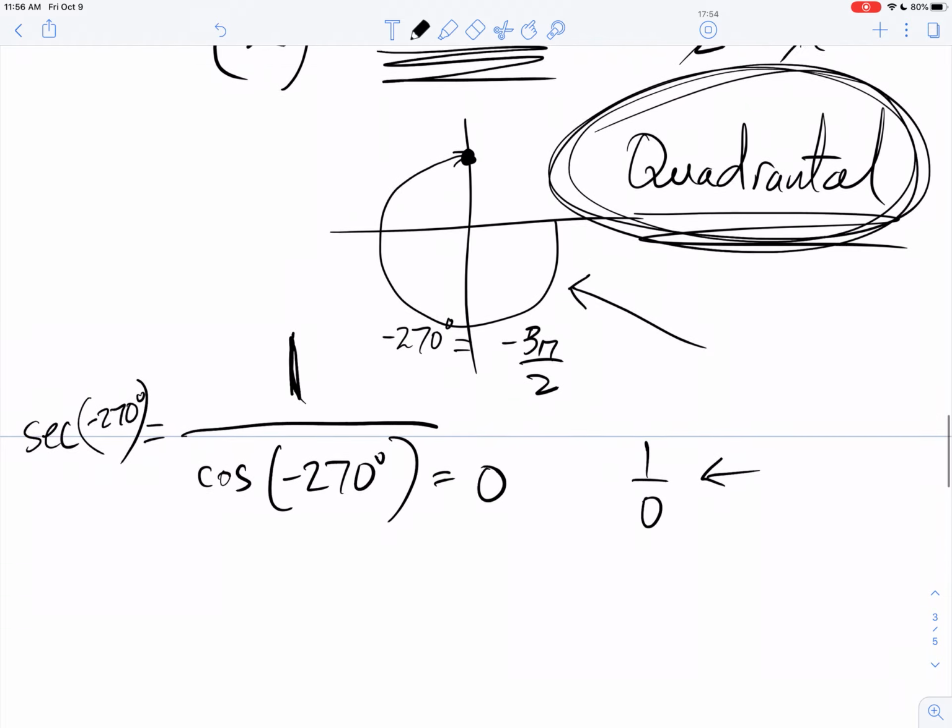All right, let's do just one more. What the heck? Let's do one more. Let's do cosecant of negative 7 pi fourths. So I go, okay, 7 pi fourths.